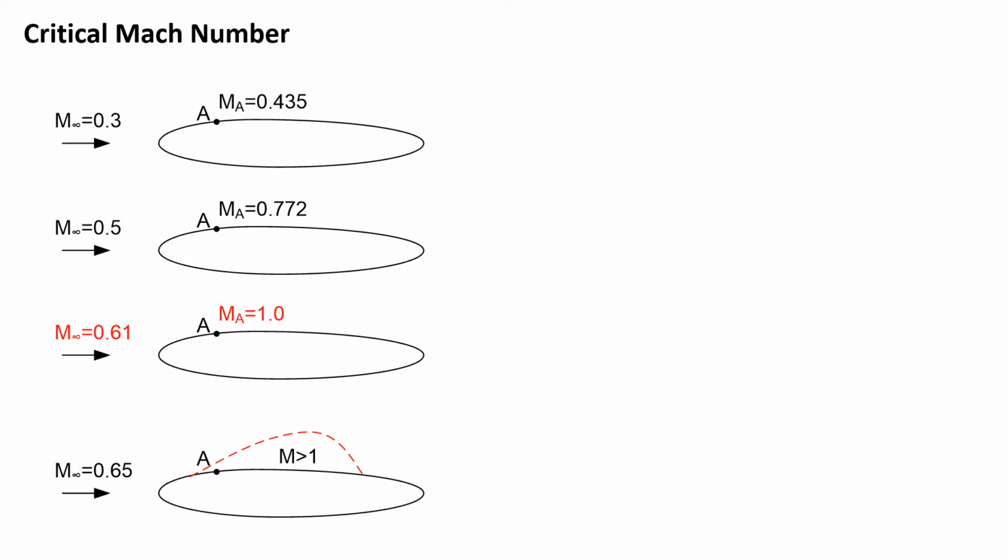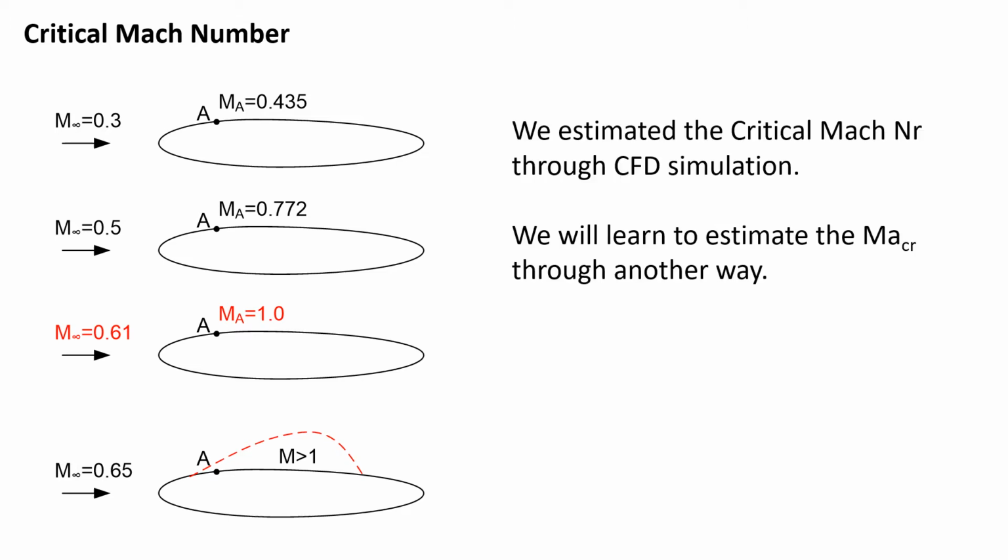Then we determine that is the critical Mach number. So we estimated the critical Mach number through CFD simulation. And today we will learn to estimate the critical Mach number through another way, which is a graphical method. So we use this slide as an introduction.